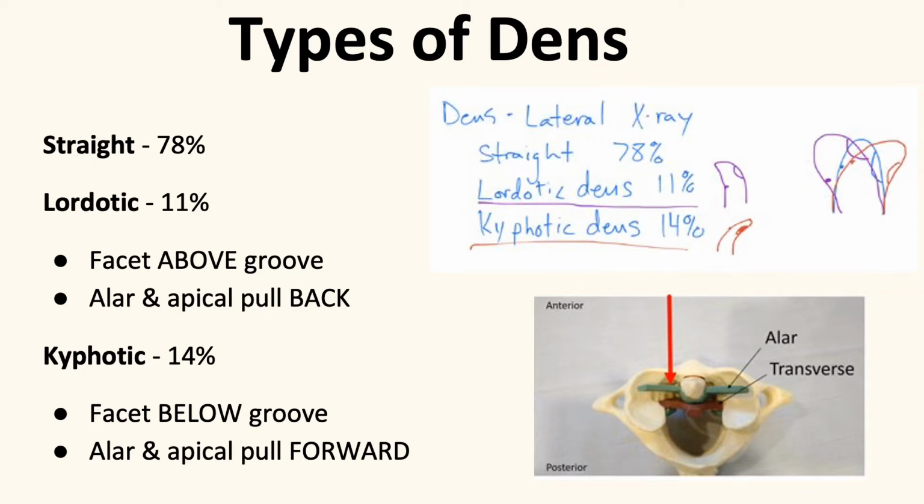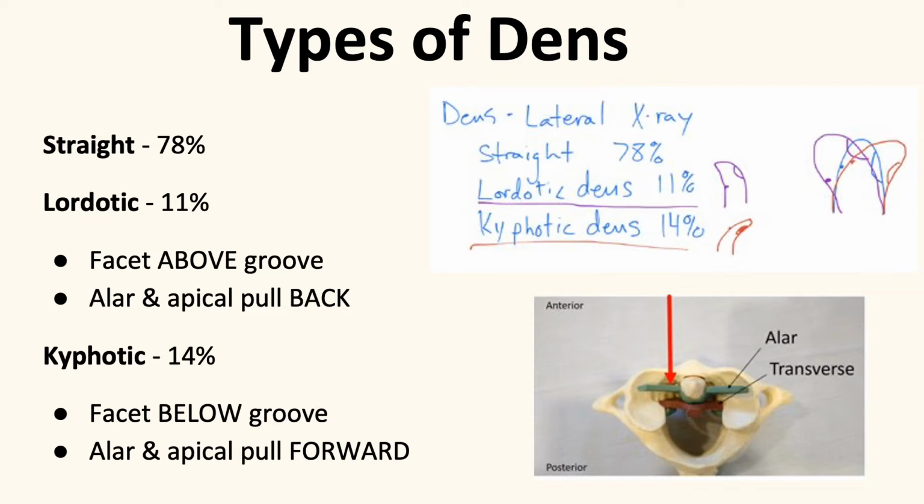Moving on to the bottom of page 71, we talk about different types of dens. So you're going to look at the dens on lateral cervical x-rays and you can determine what type of dens there is. So important to note is that between males and females, a straight dens is the most common by a landslide.